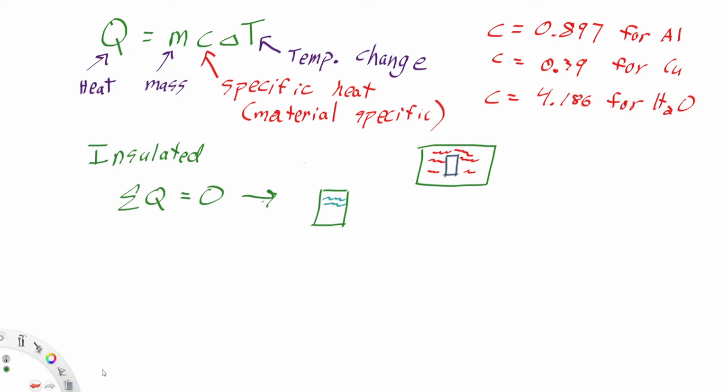And then we pulled them out of the boiling water, put them into the room temperature water, and measured how much the room temperature water heated up by. Used this as a way to solve for what the specific heat of the metal must be.